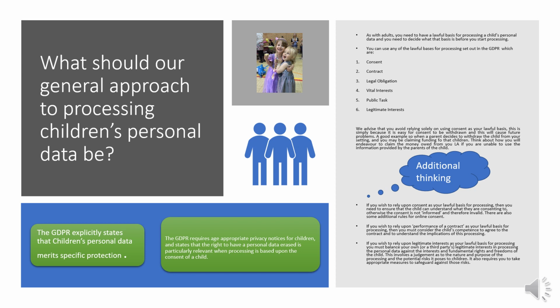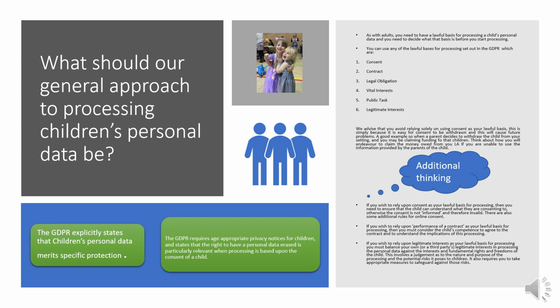What should our general approach to processing children's personal data be? As with adults, you need to have a lawful basis for processing a child's personal data, and you need to decide what that basis is before you start processing. You can use any of the lawful bases for processing set out in the GDPR when processing children's personal data, but for some bases there are additional things that you need to think about when your data subject is a child.